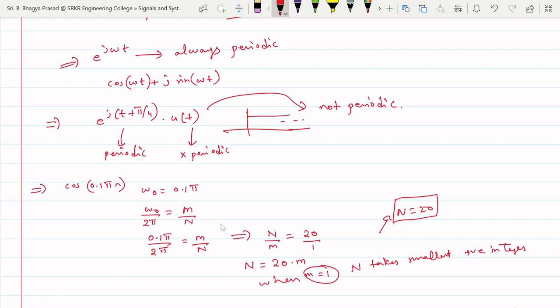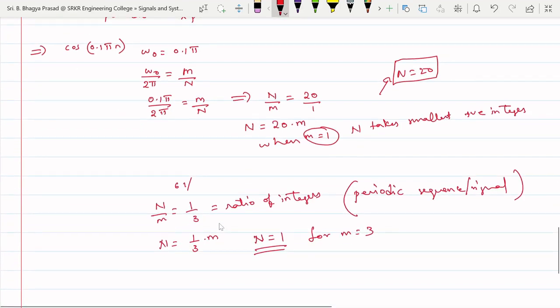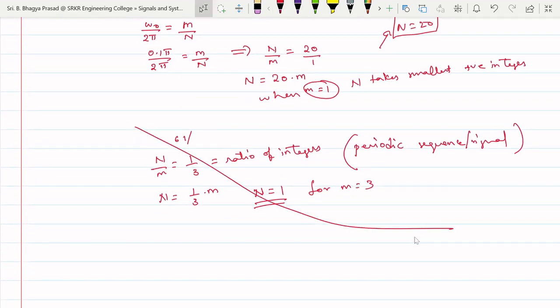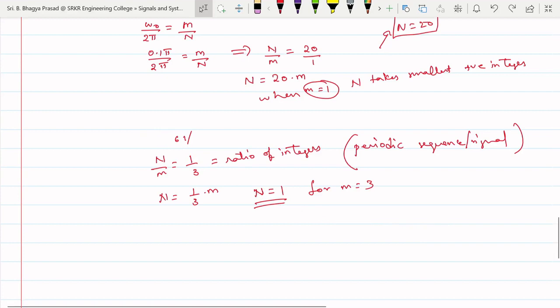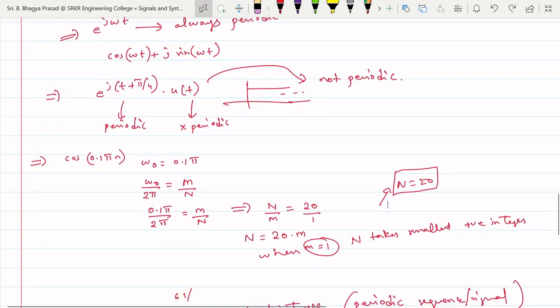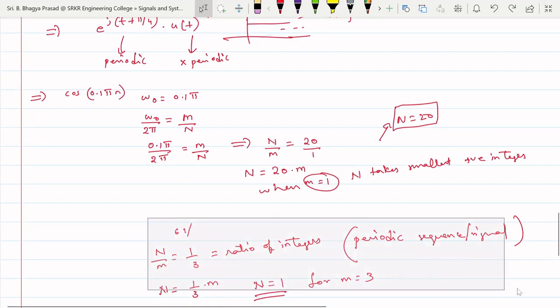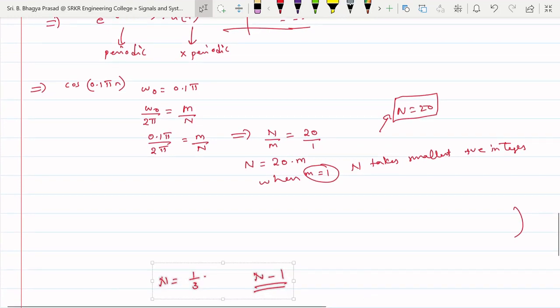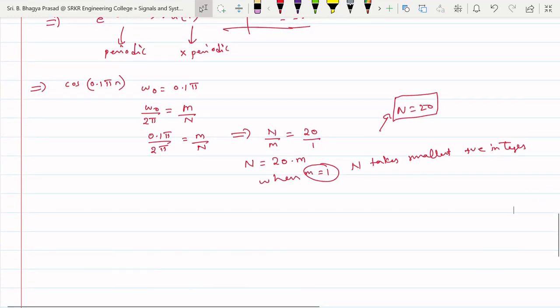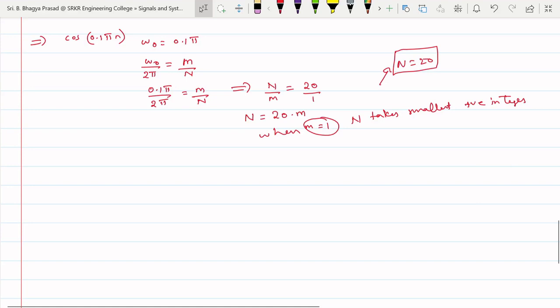Okay, I will give the clarification regarding this, why we should take it like this, what is m, what is n, all these things. I take a general signal, x of n equal to e power j omega naught n.